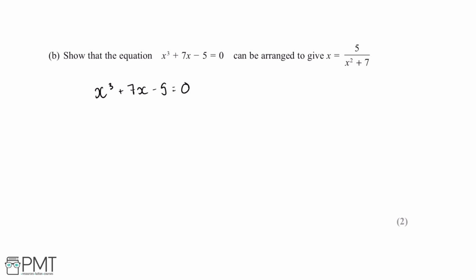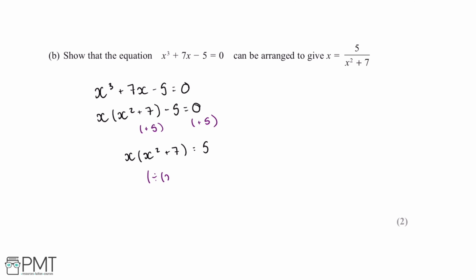And this will give us x multiplied by x squared plus 7, minus 5. So now the next thing we can do is add 5 to both sides of this equation. And this gives us x multiplied by x squared plus 7 equals 5. So now the final thing we need to do is divide both sides of the equation by x squared plus 7. And this gives us that x is equal to 5 over x squared plus 7.